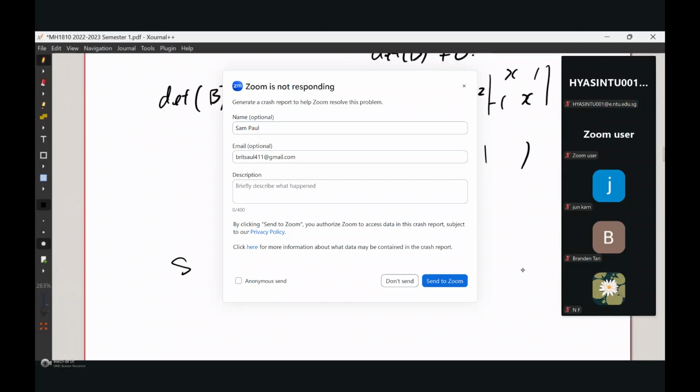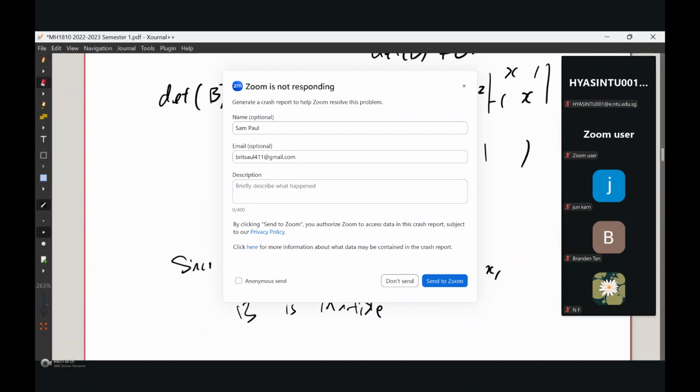So since the determinant of B is always at least 1, which is more than 0 for any x, your B is invertible for all values of x.